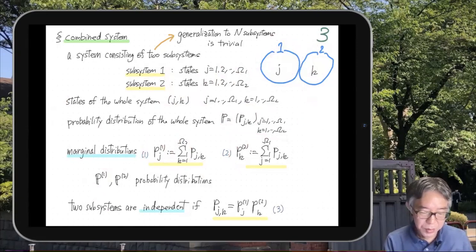And these are probability distributions called the marginal distributions coming from this P. And if it happens that the original P(j,k) is the product of this and this for any j, k, and of course this doesn't happen usually, then we say that the two systems are independent in the probabilistic sense.